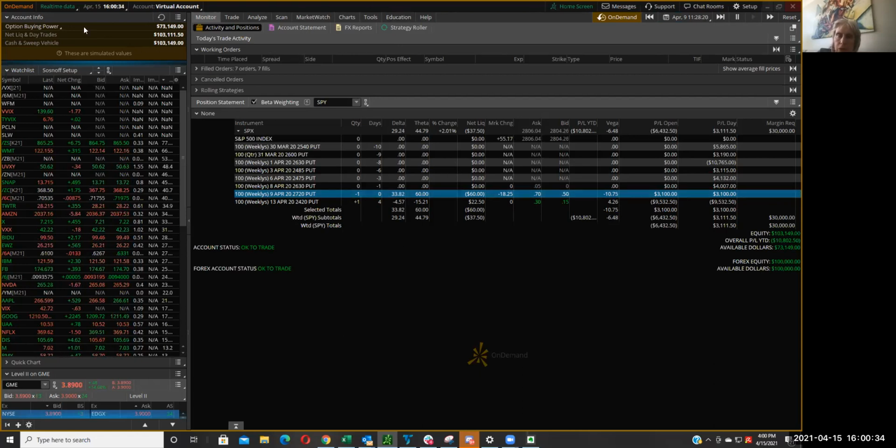For example, I trade my brother's account in SPY, and right now I'm running seven put diagonals and three call diagonals simultaneously. So that's to try and minimize the effect of the whipsaws. And it's a balanced strategy. So in a way, the calls will hedge the puts and the puts will hedge the calls. Sometimes they could both win.